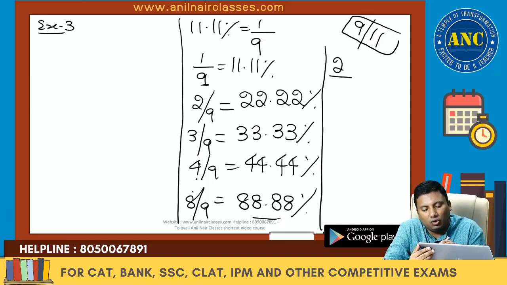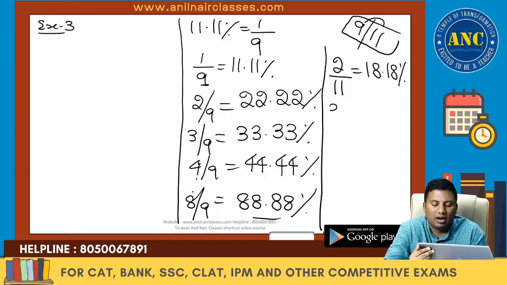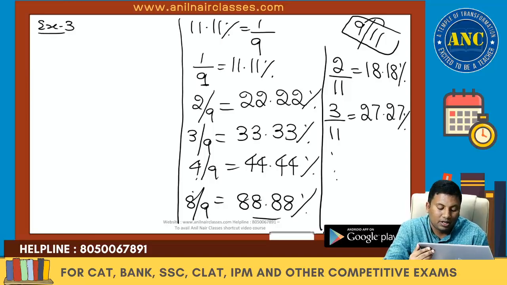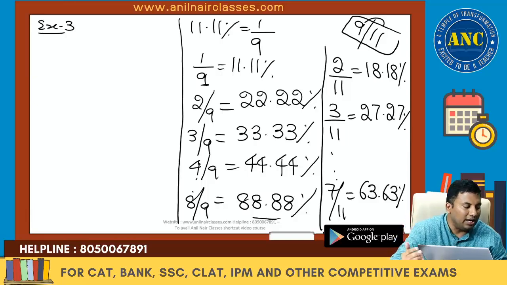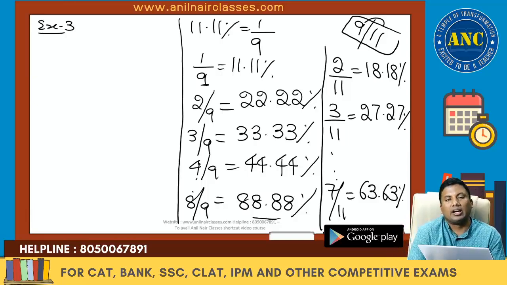If it is 2 by 11, take the numerator, multiply by 9, write down twice: 18.18. 3 by 11, 3 times 9 is 27.27. 7 by 11 is 7 times 9, 63.63. 9 and 11 go together.